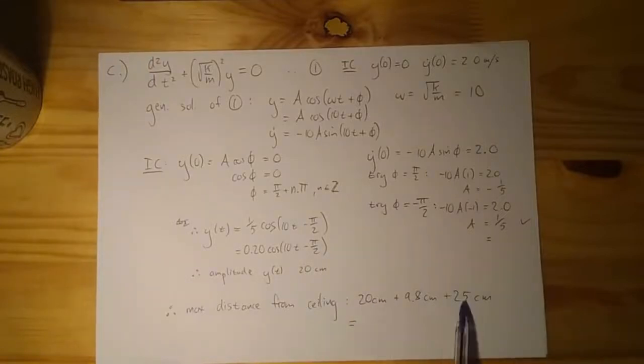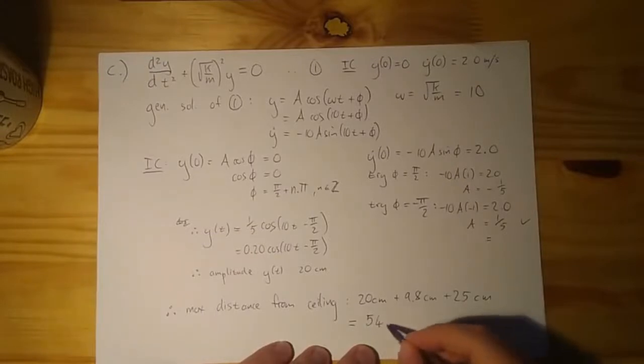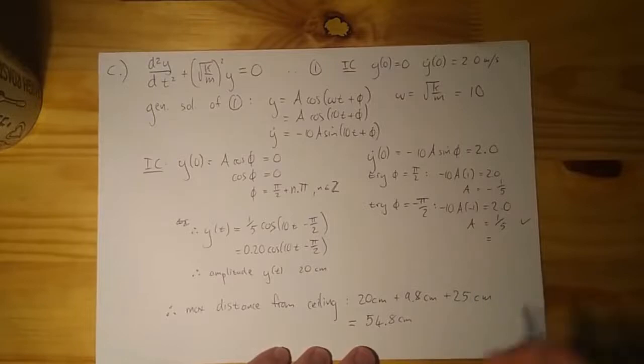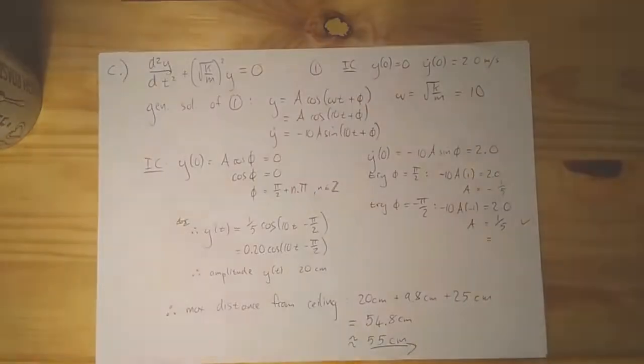So 20 and 25, that's 45, plus 9.8. So 45 plus 9.8 is therefore 54.8 centimeters, but we can only answer to two significant figures, so approximately 55 centimeters.